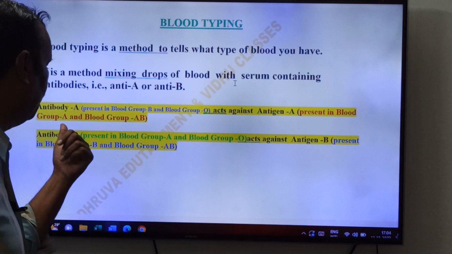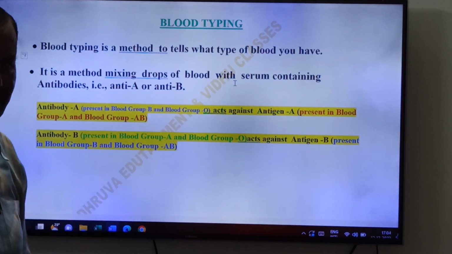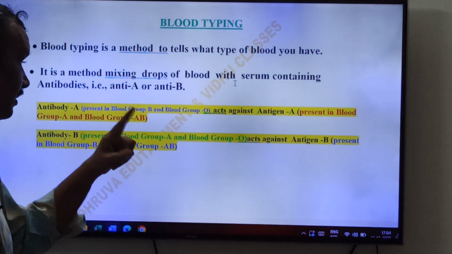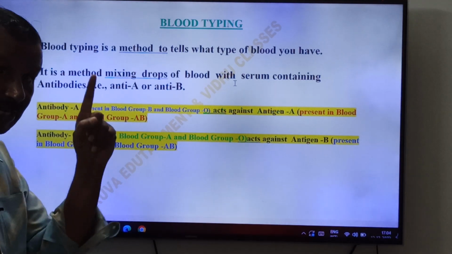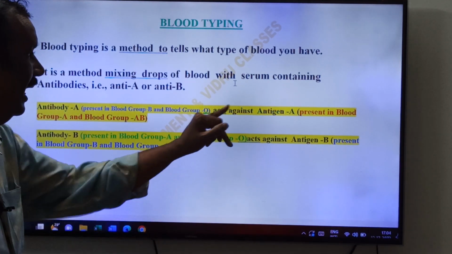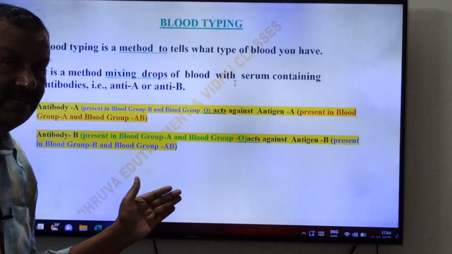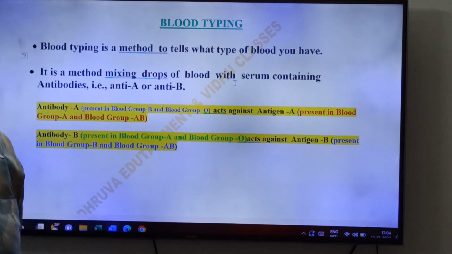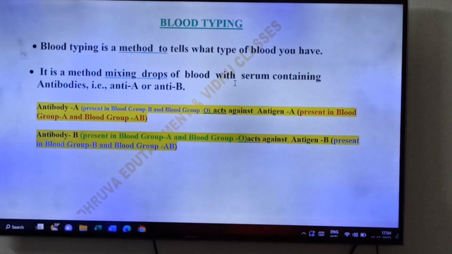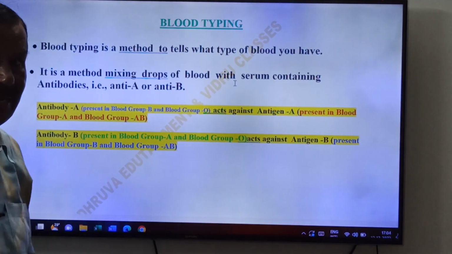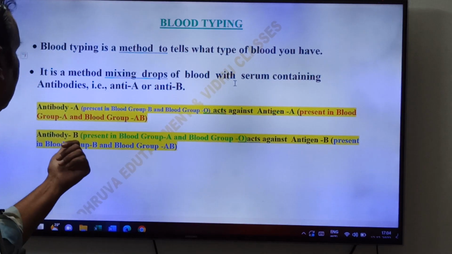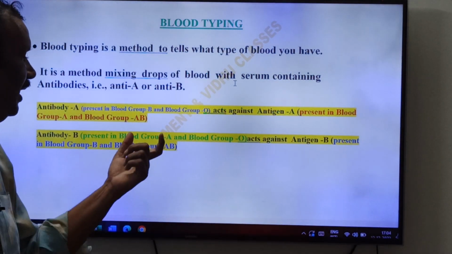In blood group A and blood group AB. See, friends, antibody B is present in blood group A and blood group O, and acts against antigen B in blood group B and blood group AB.